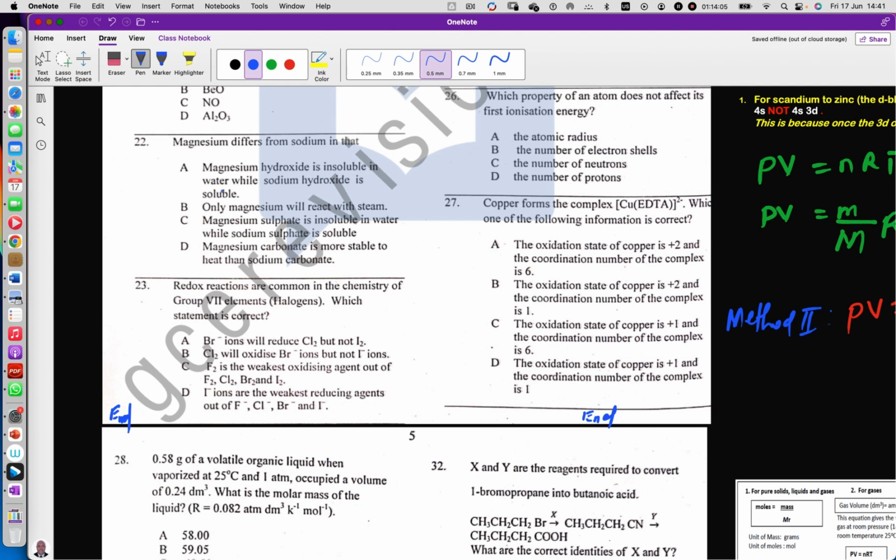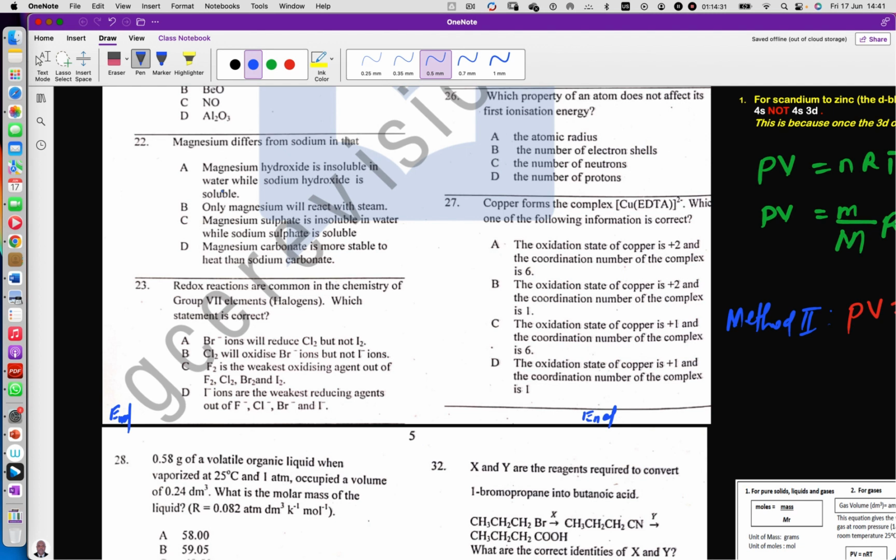The only feasible answer that shows magnesium differs from sodium is A, because the hydroxide of magnesium is insoluble in water, while sodium hydroxide is soluble.